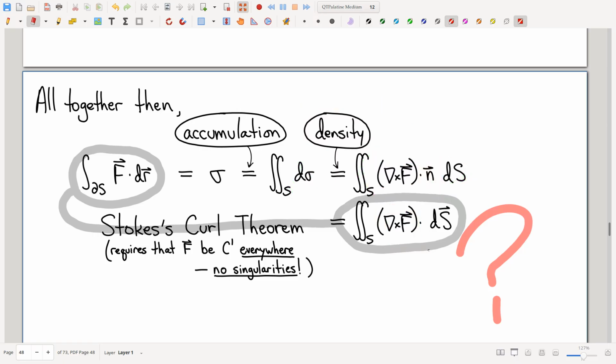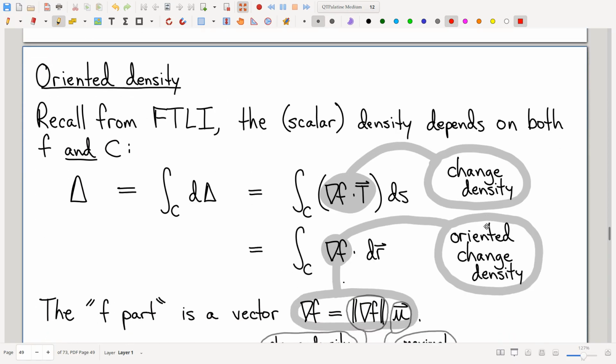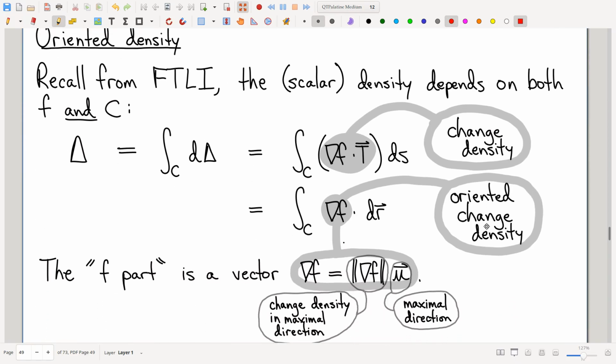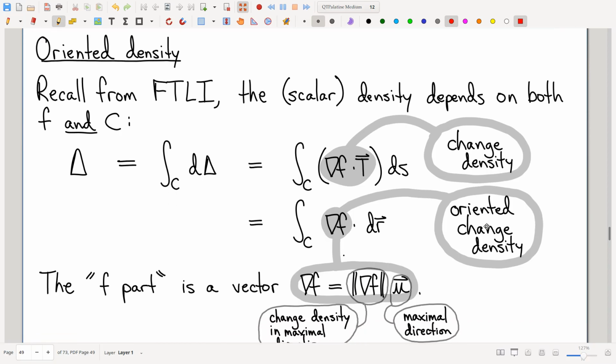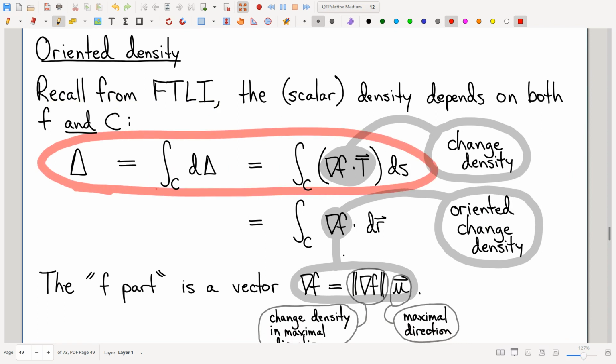So let me remind you, we have been in an analogous situation before. When we were talking about the fundamental theorem of line integrals, we wrote this down first. We had our density, our change per unit size.